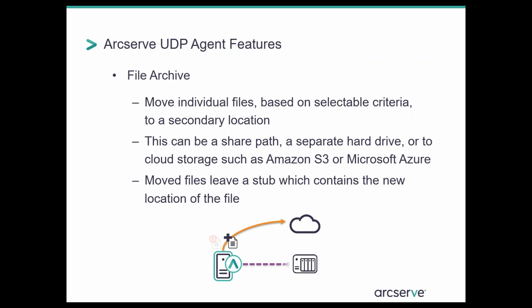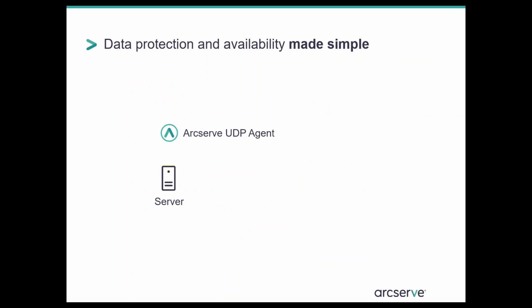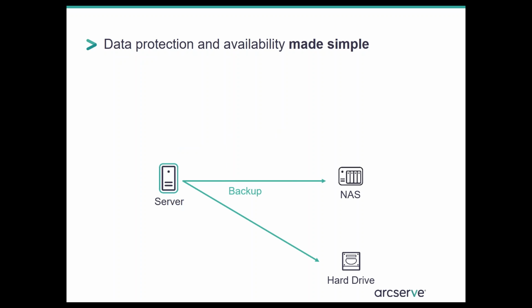So let's recap the different sources and destinations for the backup with the Arcserve UDP agent. We'll start with a server, and then we'll install the Arcserve UDP agent onto that machine, and we can now protect it. Going to a file share, such as a NAS, or a separate hard drive, such as a USB drive, we can obviously do our backups.